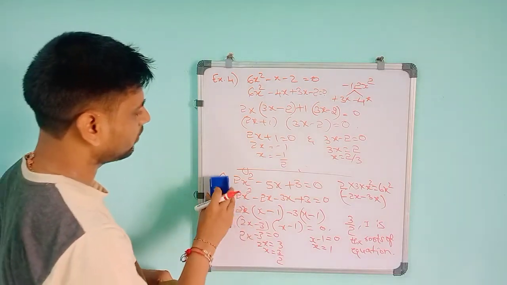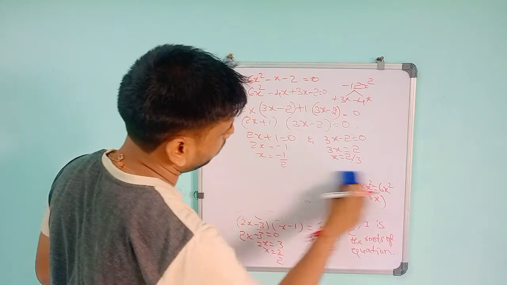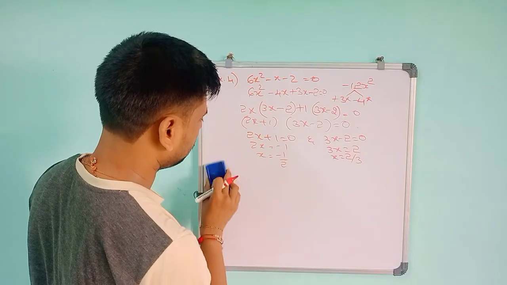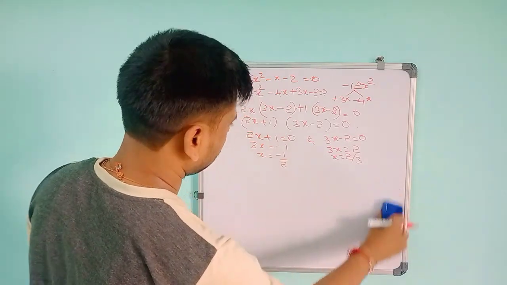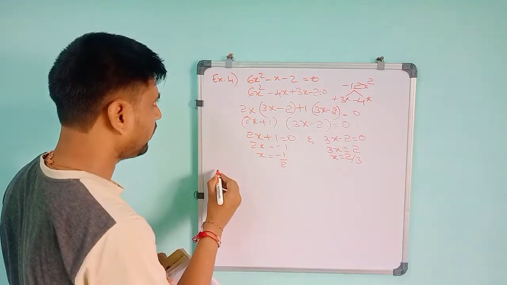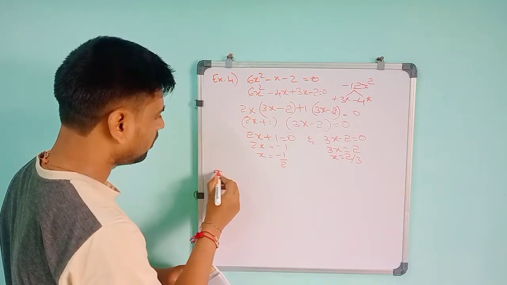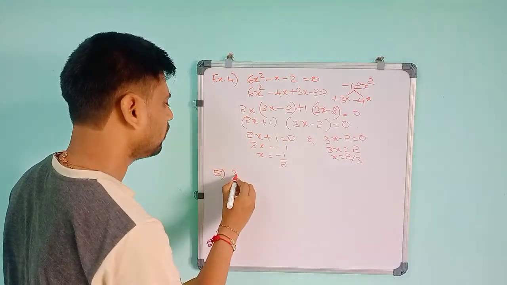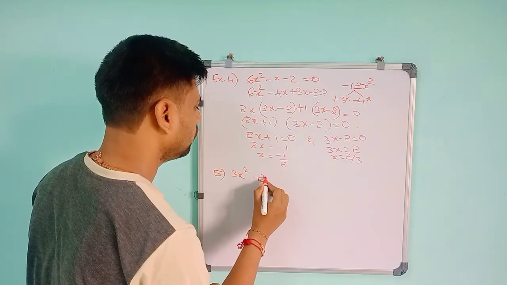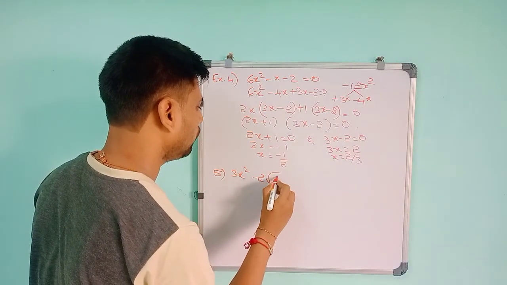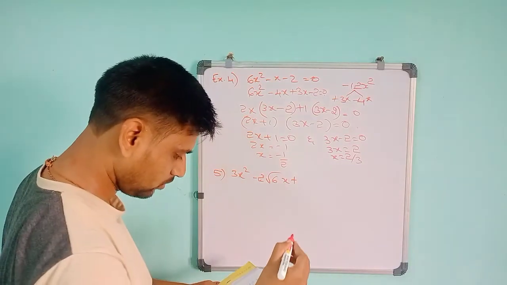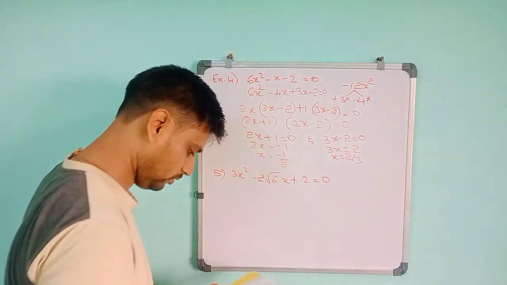Then like this, if they give you roots also. So for roots, they have given 3x square, example number 5: 3x square minus 2 root 6 x plus 2 is equal to 0.